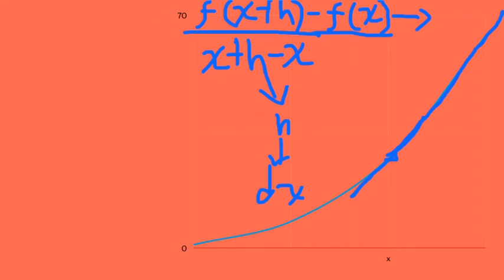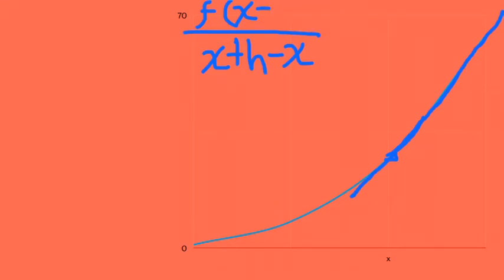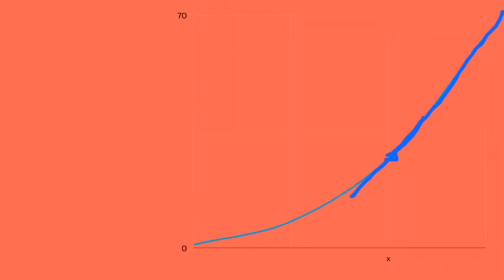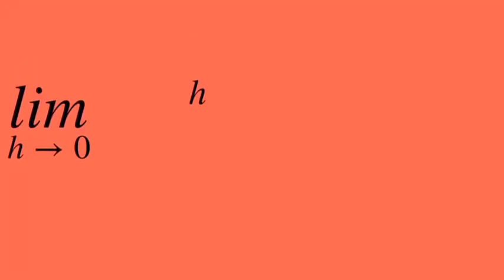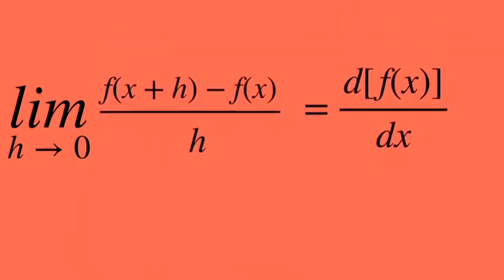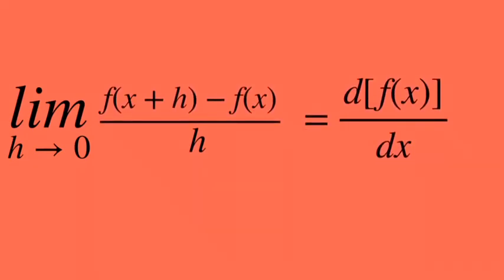In fact, let's put that in. So the limit as h approaches 0 of f of x plus h minus f of x over h equals df of x with respect to x.